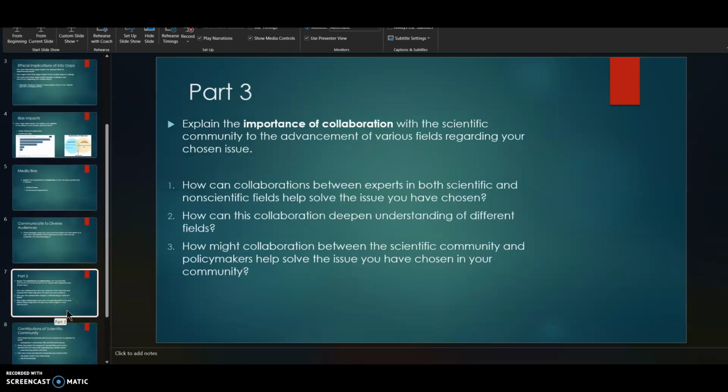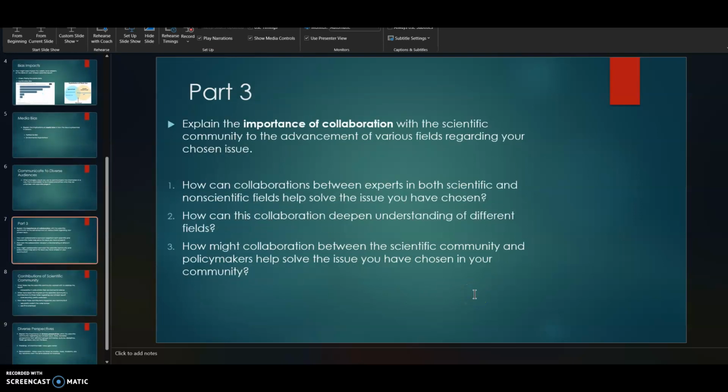After that, you go into part 3, which is all about collaboration and community. In this part, you're going to explain the importance of collaboration within the scientific community to advance your chosen issue. How can collaboration help with your issue? A lot of times it's all about funding for research, and collaborating with other experts in the field to gather data and perform experiments.